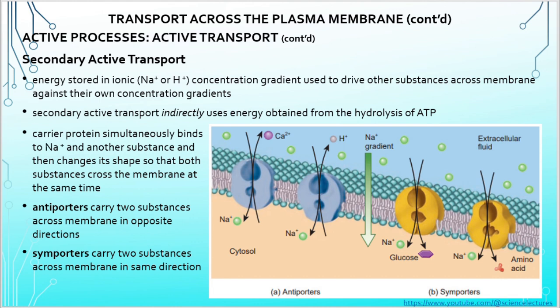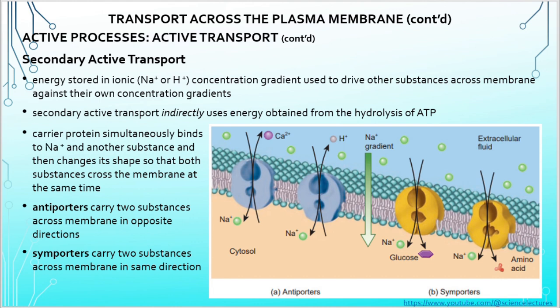As you can see in the figure, in essence, secondary active transport proteins harness the energy in the sodium ion concentration gradient by providing routes for sodium ions to leak into cells.